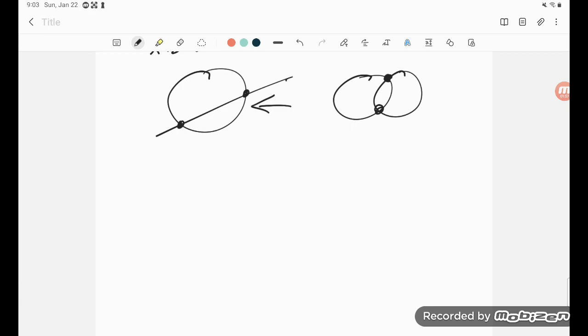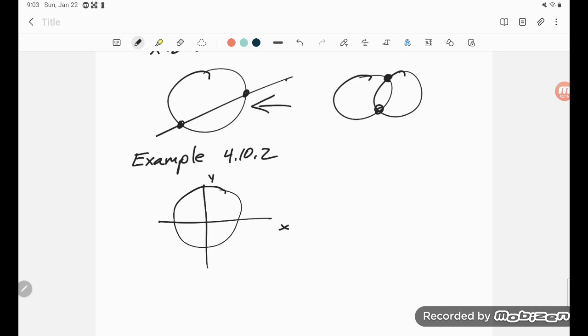Now, certainly their application that they give us in example 4.10.2 is just that. So they set up this situation with x and y here. They have a circle, radius 1, that's an irrigated field. They're going to fly over it in a straight line starting here somewhere.